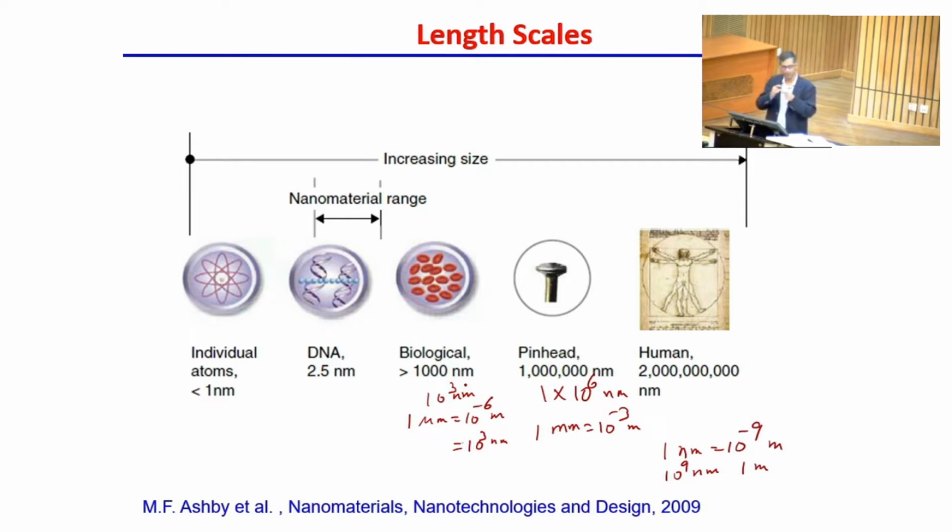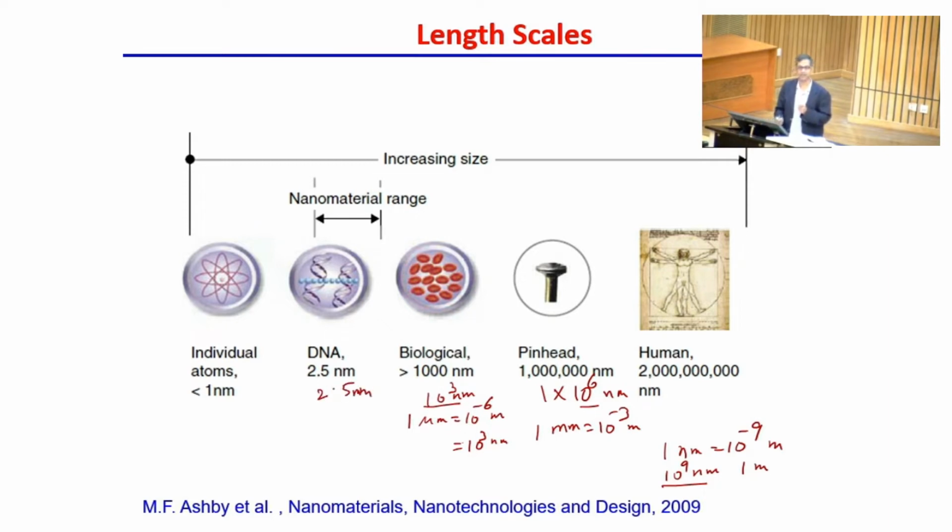And deoxyribonucleic acid looks like a double helix structure. You must have read it in your biology. If you have not read, you can still go into it. So DNA is of the order of 2.5 nanometers. So as we see here, it is 10 to the power 9, 10 to the power 6, 10 to the power 3, here 2.5 nanometer.